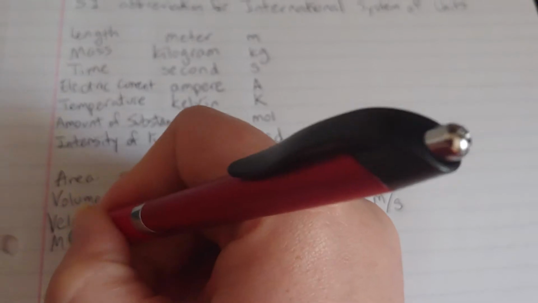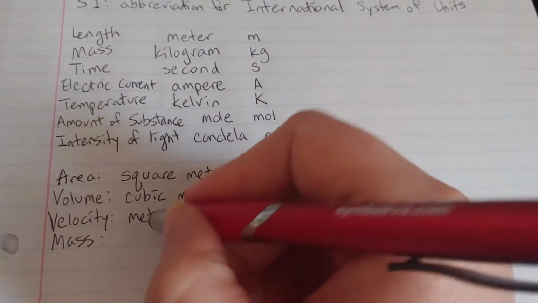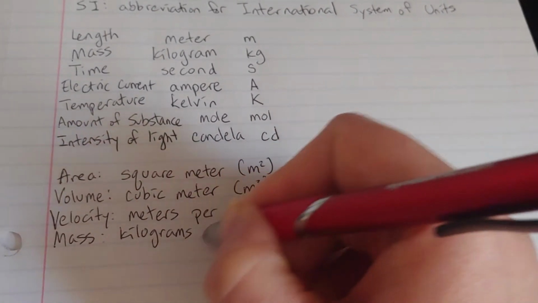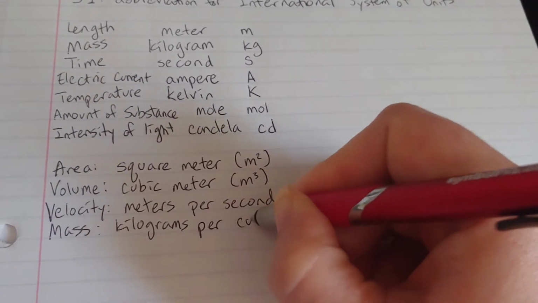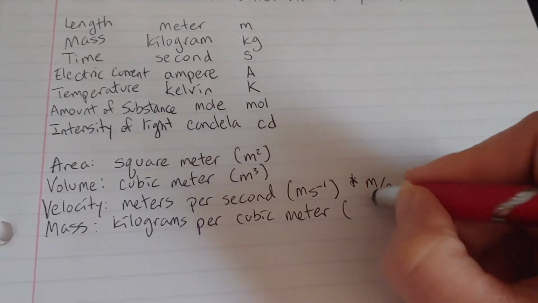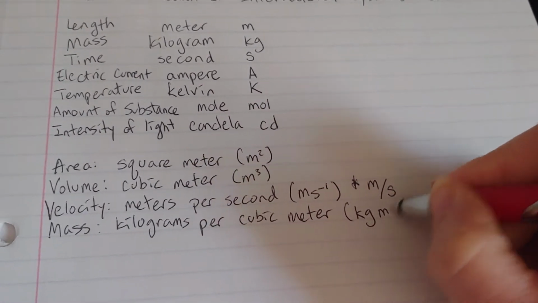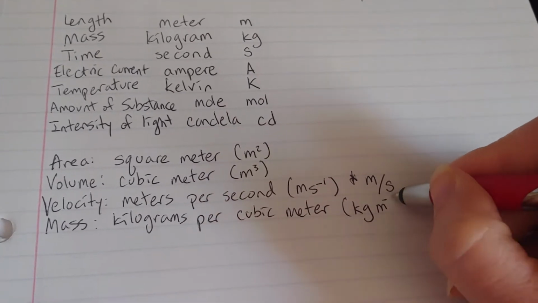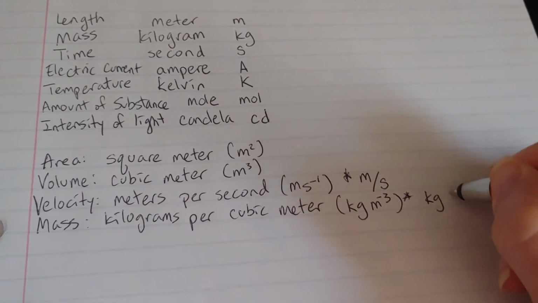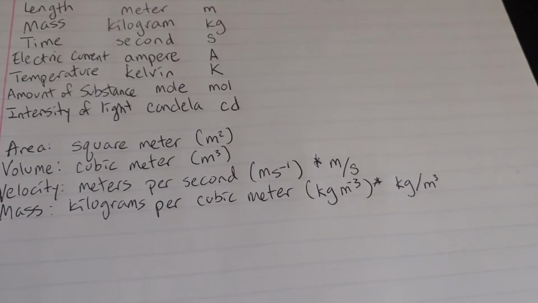And then for mass, or density, what we look at is kilograms per cubic meter. And that would be your kg, and then per cubic meter would be m to the -3, because of course that with exponent rules comes out to kilograms over cubic meters.